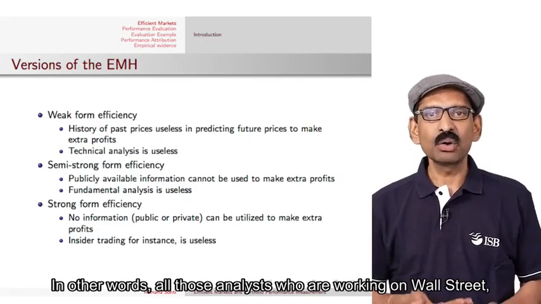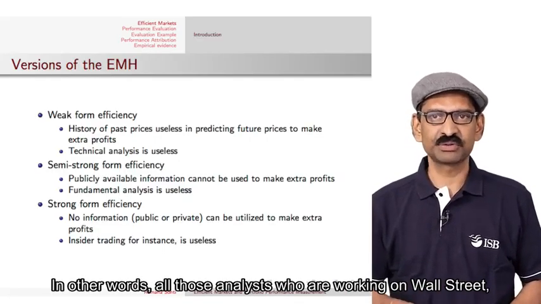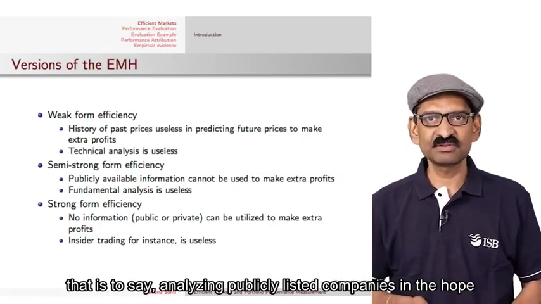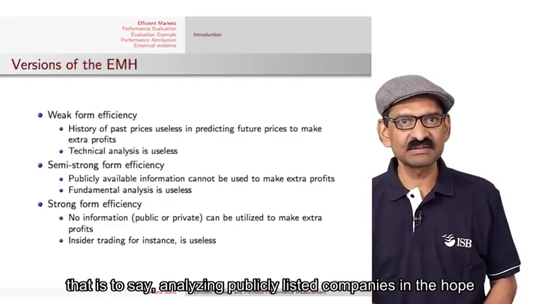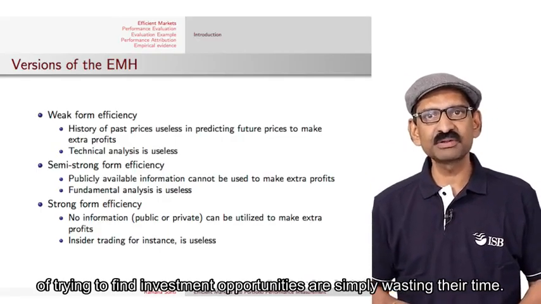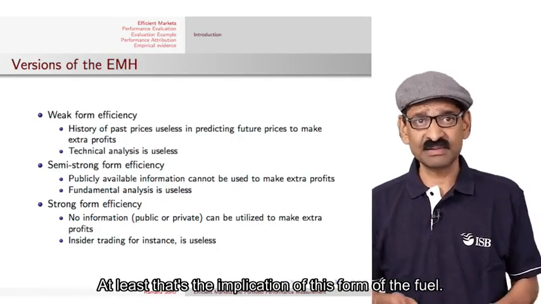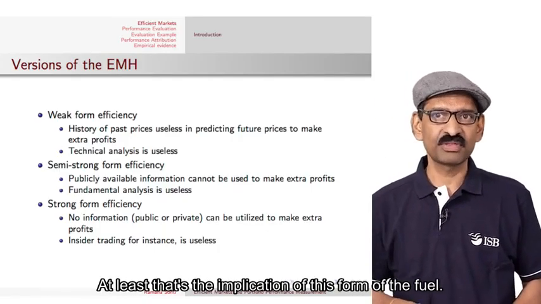In other words, all those analysts working on Wall Street doing what is known as fundamental analysis, that is to say, analyzing publicly listed companies in the hope of finding investment opportunities, are simply wasting their time. At least that's the implication of this form of the theory.